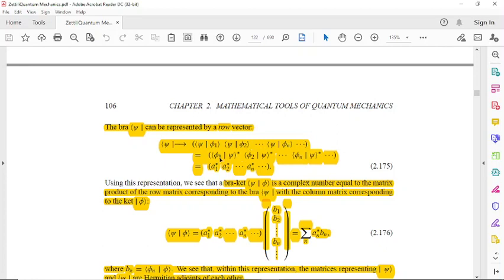In the original form we can express it as bracket phi 1 psi star, bracket phi 2 psi star, to bracket phi n psi star and so on. So bracket phi 1 psi is a1, and bracket phi 1 psi star is a1 star, a2 star, an star.